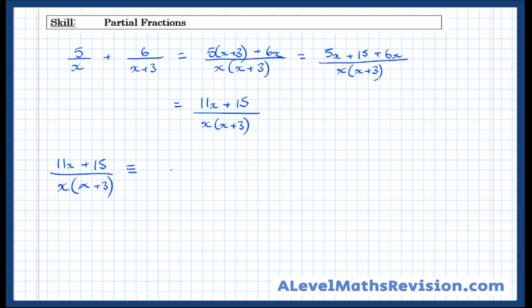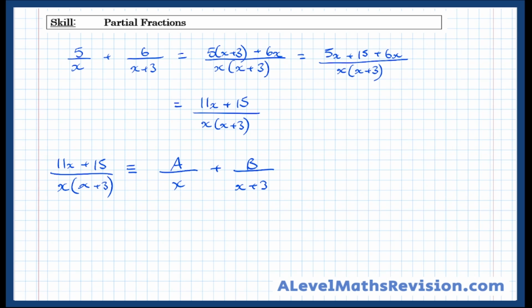So I'm going to say it is equal to a number that I don't know over x plus another number I don't know over x plus 3. And it's our job now to find out what A and B are. So in this example we know A is 5 and B is 6 because this is what we started off with. But let's show the process of how to get A is 5 and B is 6.